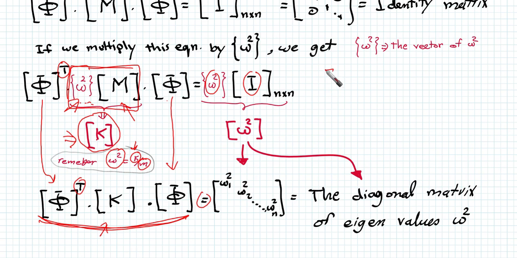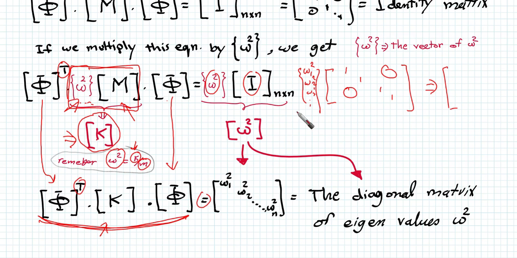As you know, the identity matrix has only 1 at the diagonals, and everything off the diagonal is 0. So whenever we multiply the vector, if we have here omega 1 squared, omega 2 squared, omega 3 squared, and so on, then we're going to obtain this diagonal matrix of eigenvalues. So we're going to have here omega 1 squared, here omega 2 squared, omega 3 squared, and so on.